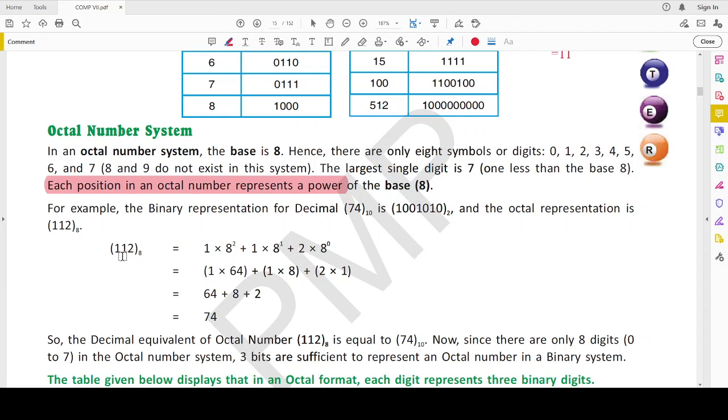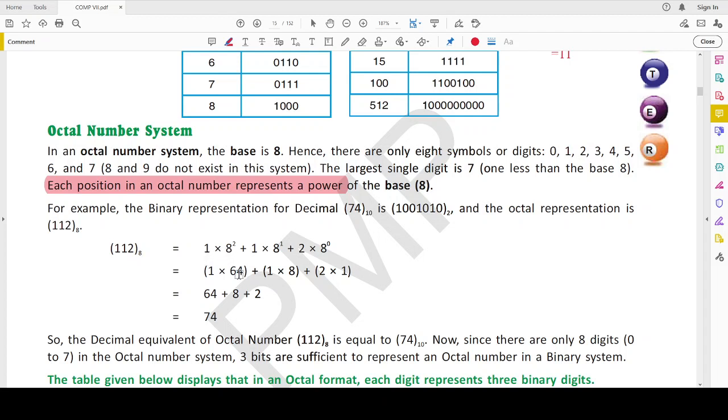So see, as this 112 is an octal number, this position is 8 to the power 0, this position is 8 to the power 1, this position is 8 to the power 2. 8 to the power 0 into 2, 8 to the power 1 into 1, 8 to the power 2 into 1.